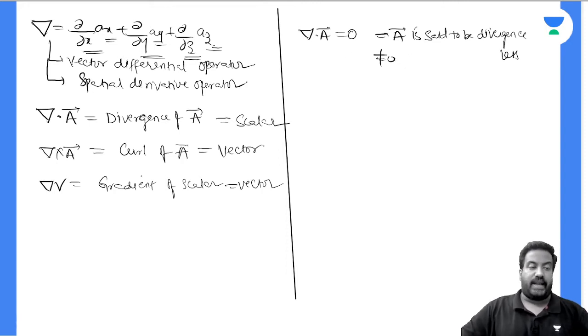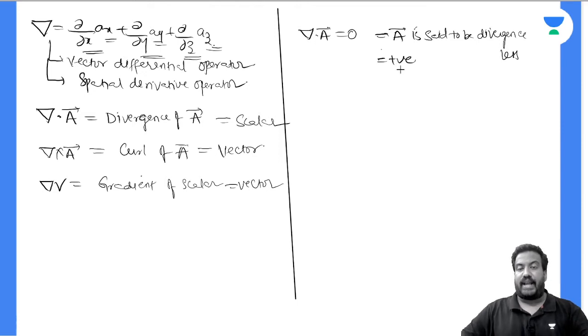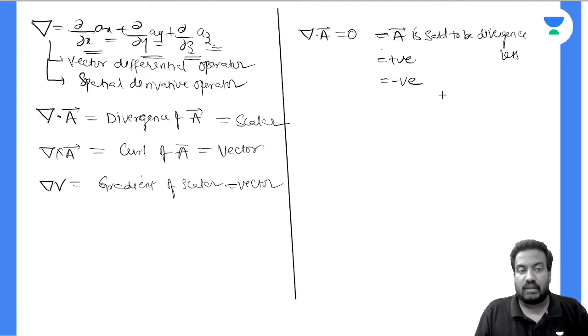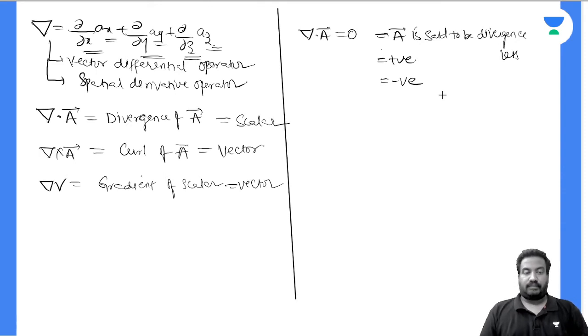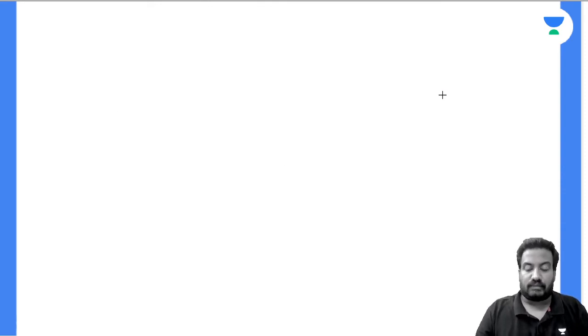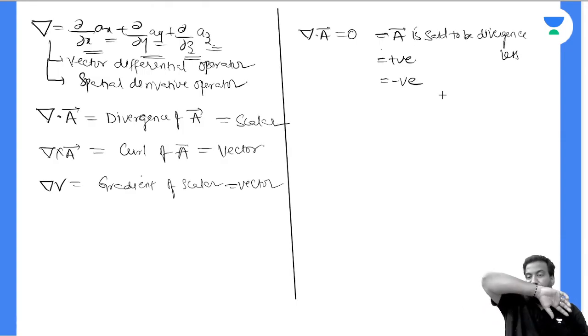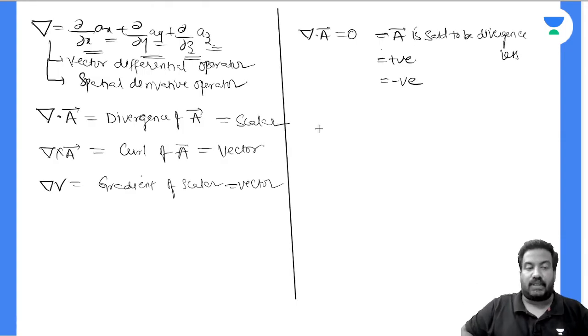When del dot A is positive, then A is treated as source. Del dot A is negative, then A is treated as sink. Clear? Everyone, is it clear?